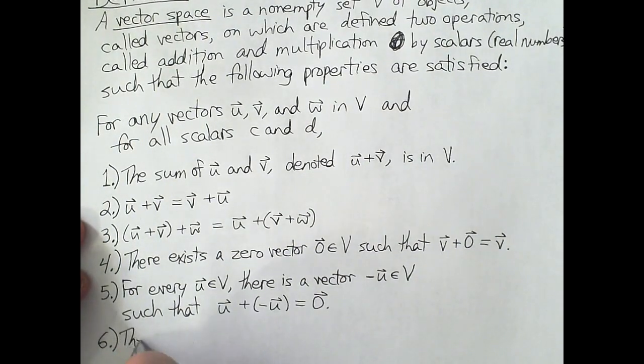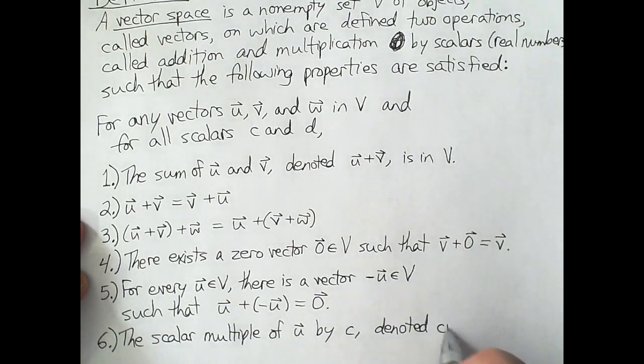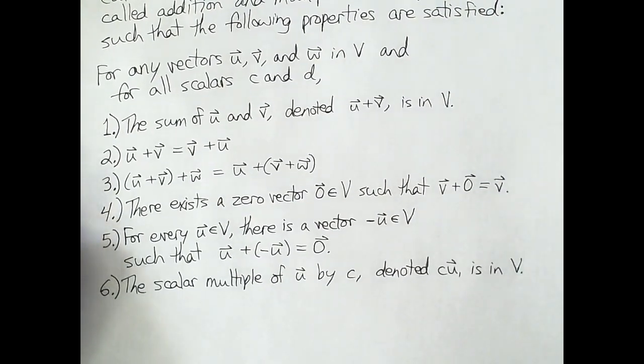So the scalar multiple of u by c, denoted cu, is in V. So when you multiply any vector by any real number, the result needs to also be in your set. So yeah, vector spaces seem like they probably have a lot of elements.